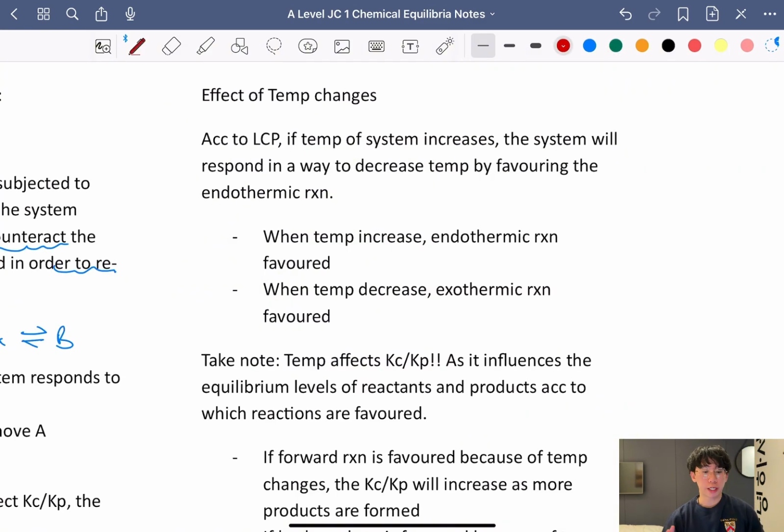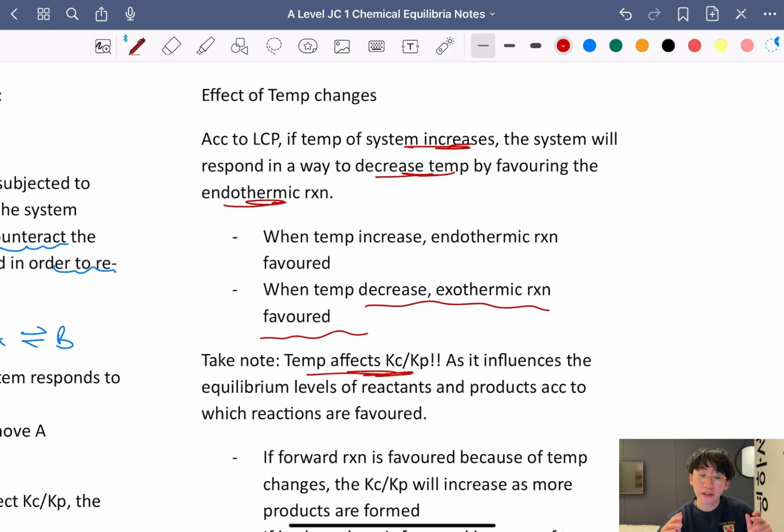Now how about temperature changes? According to Le Chatelier's principle, if the temperature increases, for example, the system responds to favor the endothermic reaction to decrease the temperature. You can see that when temperature increases, the endothermic reaction is favored, and when temperature decreases, the exothermic reaction is favored. And do take note that temperature does affect Kc and Kp.